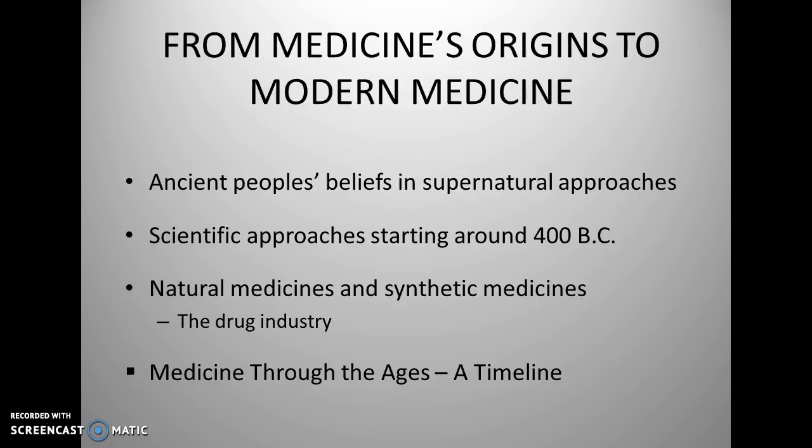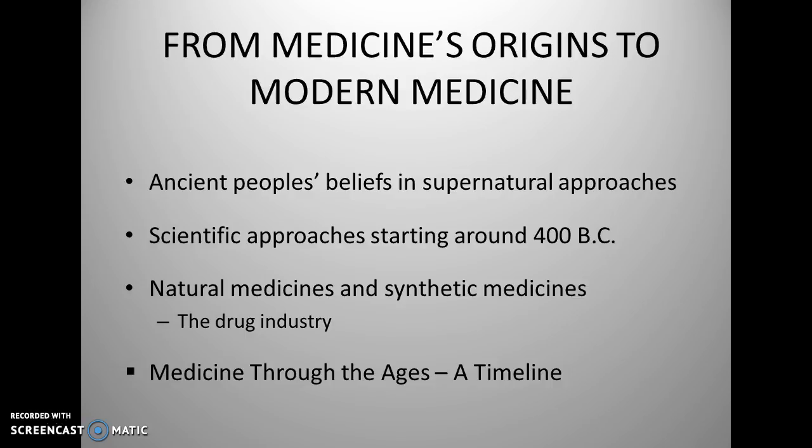Many ancient people had a belief in supernatural approaches to medicine. The supernatural approach to treating illness gradually gave way to a more scientific approach based on observation and experimentation. That scientific approach started around 400 BC.